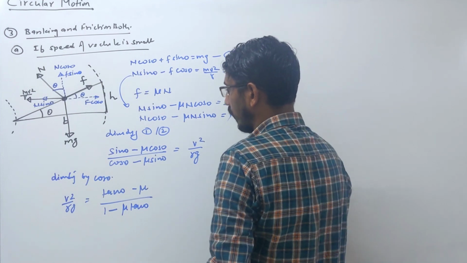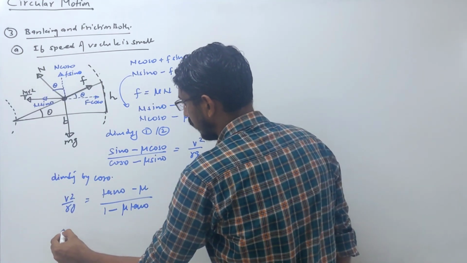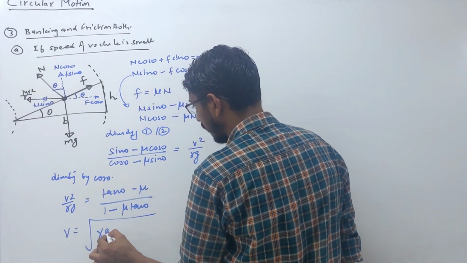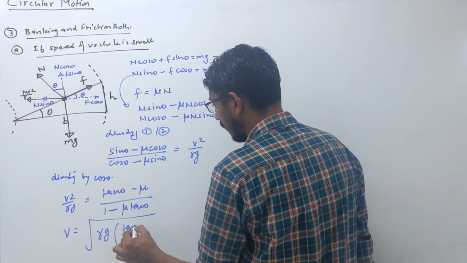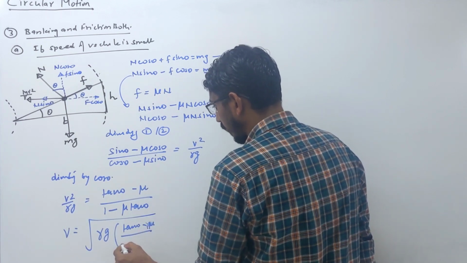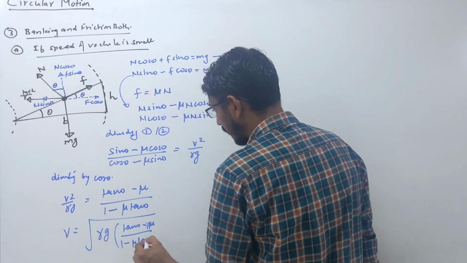Finally the velocity we want to calculate should be equal to root of rg into tan theta minus mu upon 1 minus mu tan theta.